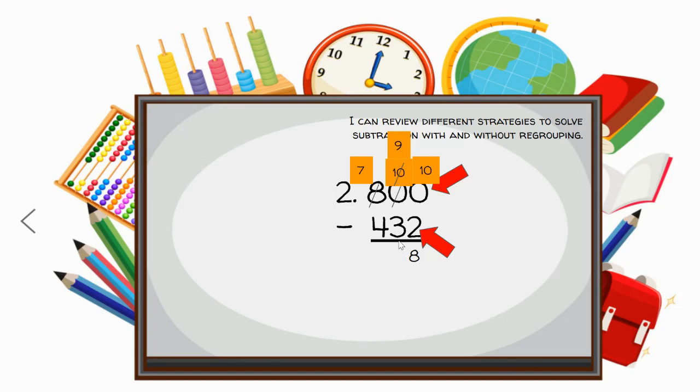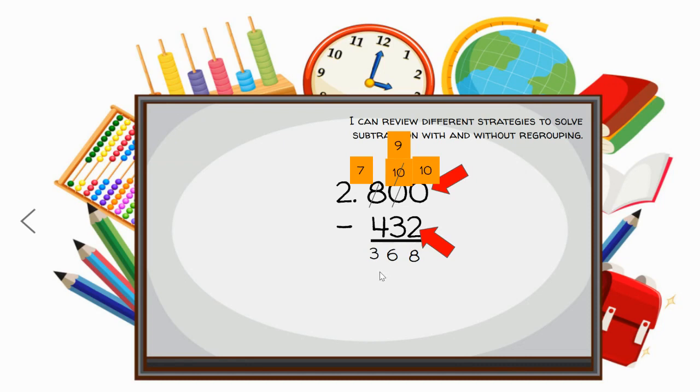Am I going to subtract 10 minus 3? No, because I already gave 1 to my friend in the ones, so I have a 9. 9 minus 3. How much is 9 minus 3? It's 6. Good job. And I go to my hundreds place. So 7, because that's the number that I have left. 7 minus 4 is going to be 3.